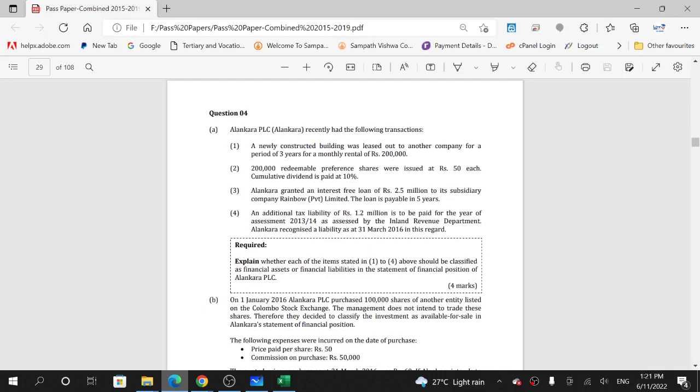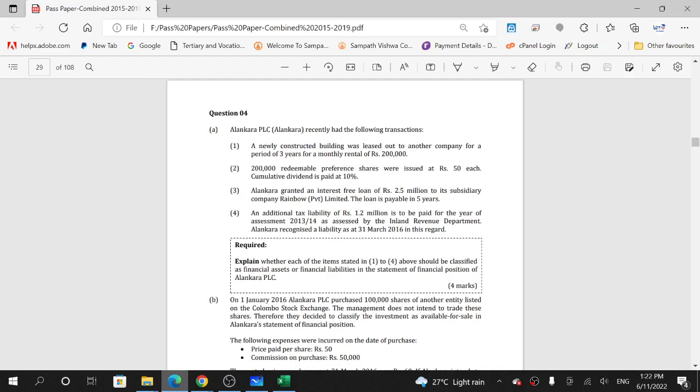So here you can see Alankara PLC is the one who has issued these redeemable preference shares. They are redeemable, so at a particular time they need to pay that back. As of today, you have a contractual obligation to settle this, to deliver cash or another financial asset.